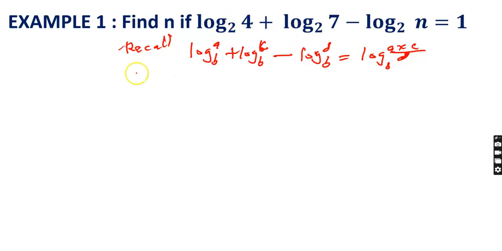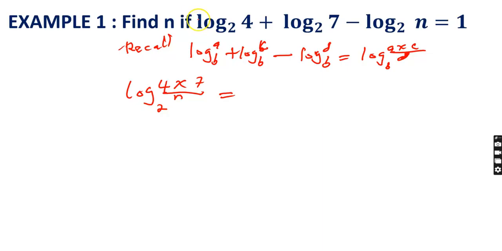So I have addition here, so this will give me log of 4 times 7, and the subtraction here, over n, base 2, equals 1.